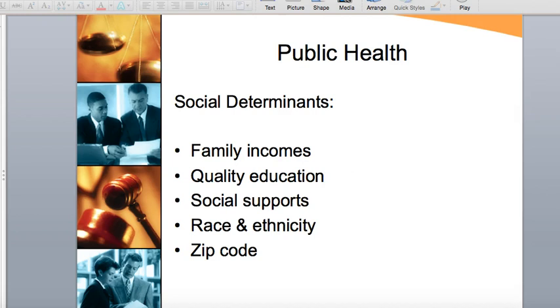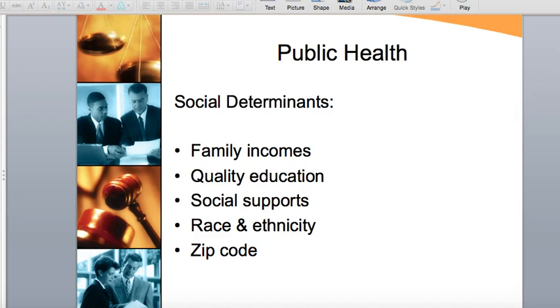We also know that the social determinants of health is also key when we're having the larger discussion of public health. Even though we may engage in public health projects and public health education initiatives, we also know that there is also a strong understanding that social determinants of health play a huge role in overall health outcomes.